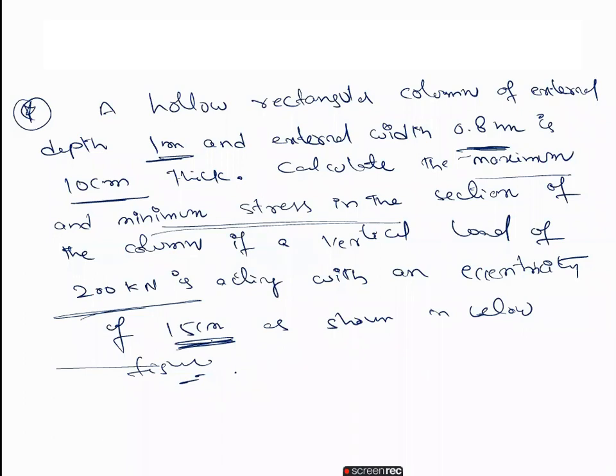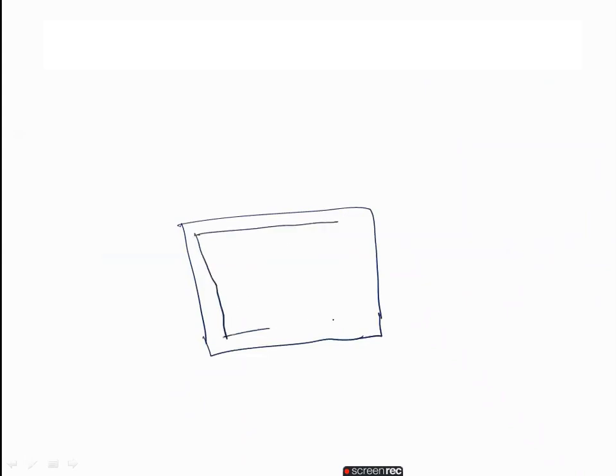First I will draw the plan like this. It is a hollow rectangular section. The total external width is 800 mm, the given 0.8 meters, and the external depth is 1000 mm.